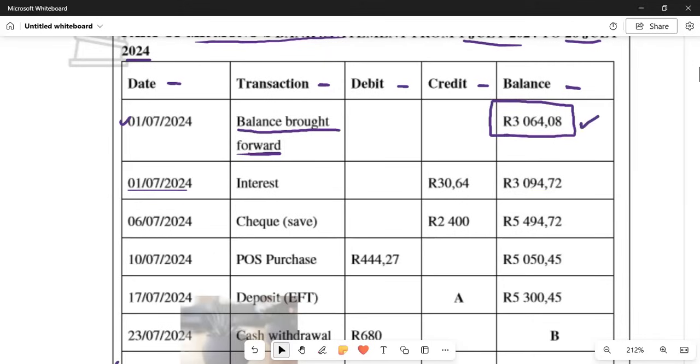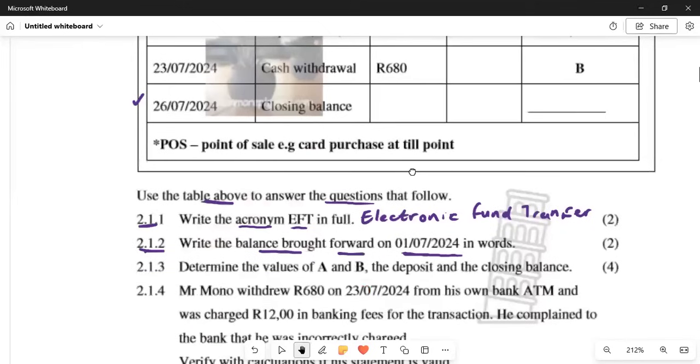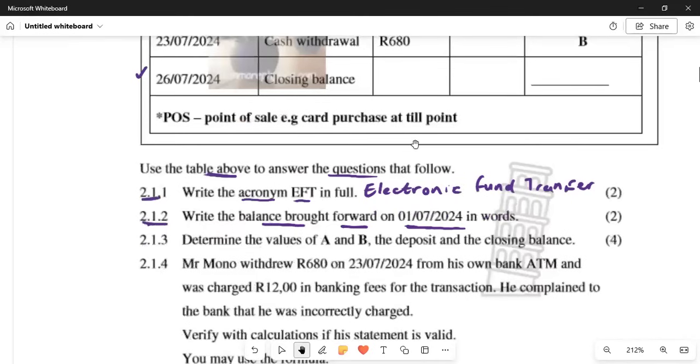All right. How can we write it down now? So we go to the words. We are saying that it is three thousand, six hundred and sixty-four rand and eighty-eight cents.